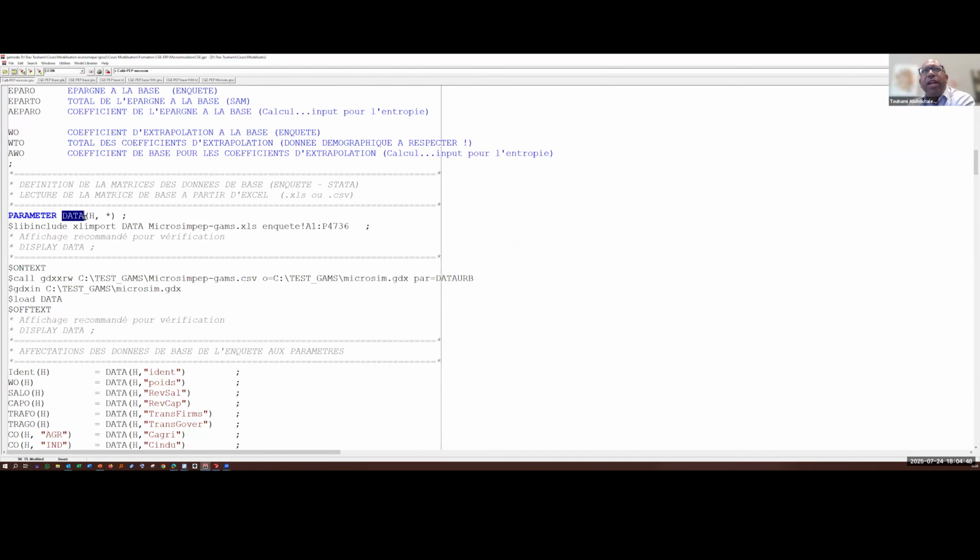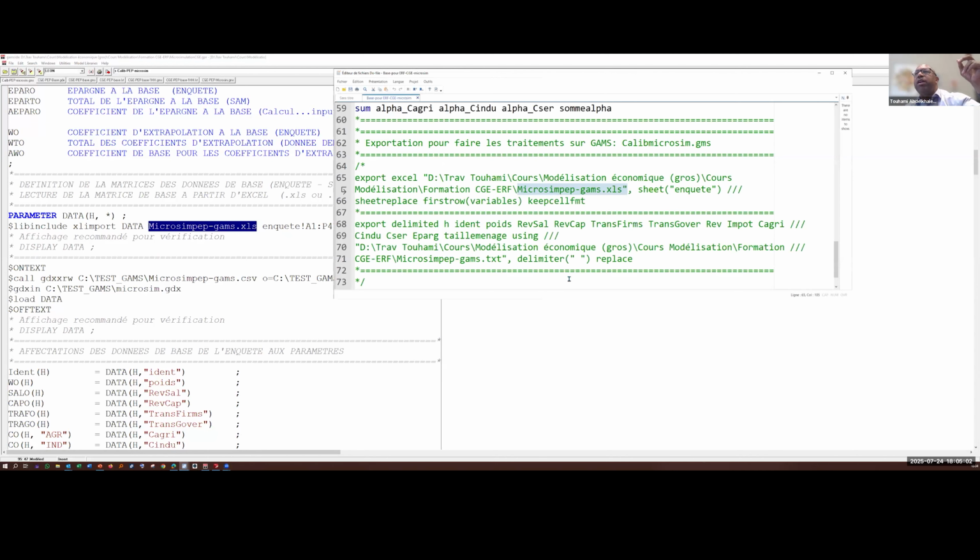I define here a matrix, and here I import exactly the file I defined before in Stata. I save it in Stata in XLS form, in the sheet enquête, and I have the position of each thing.